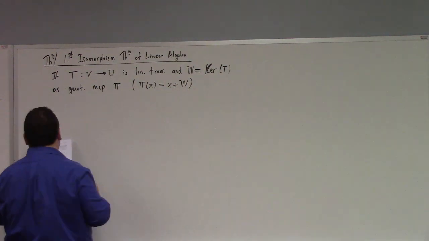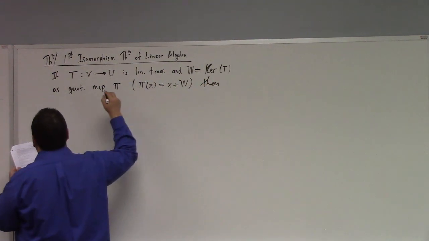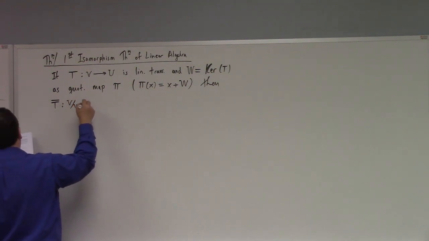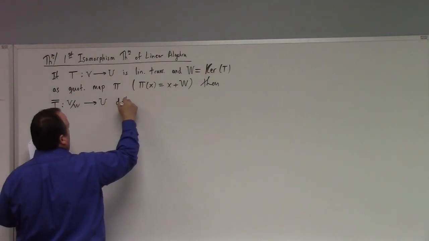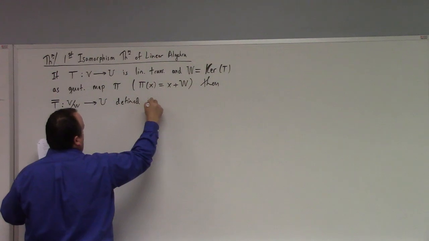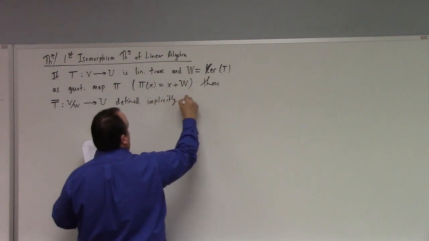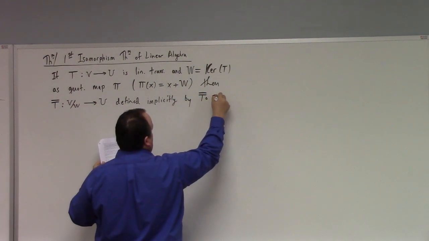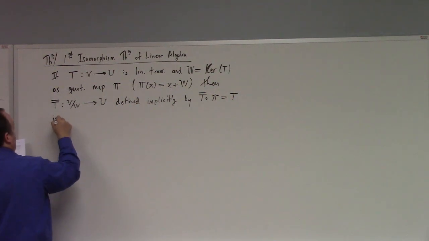That's what that means. Then t bar, as a mapping from the quotient space of v by w to u, defined implicitly by t bar composed with pi equals t, is an injection.